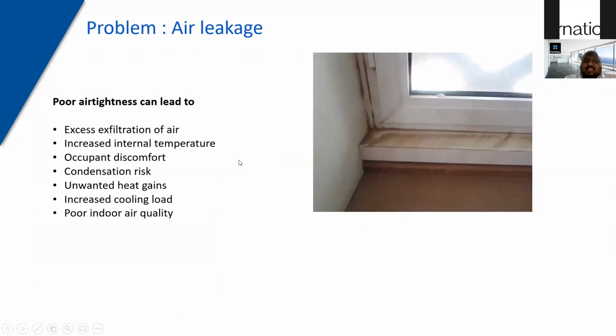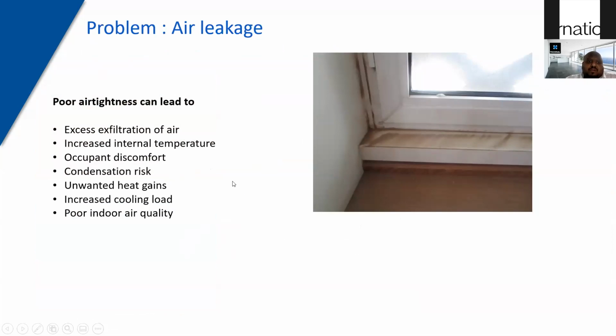So poor air tightness can lead to, of course, exfiltration of air. So you have air going from inside to outside as well. You have increased internal temperature that affects essentially your cooling loads, occupant discomfort. I mean, today, this is a big issue when you have dust coming inside. Condensation is a big issue as well.